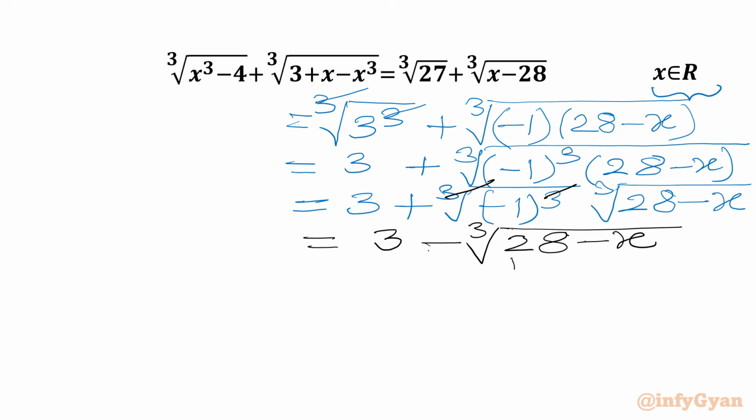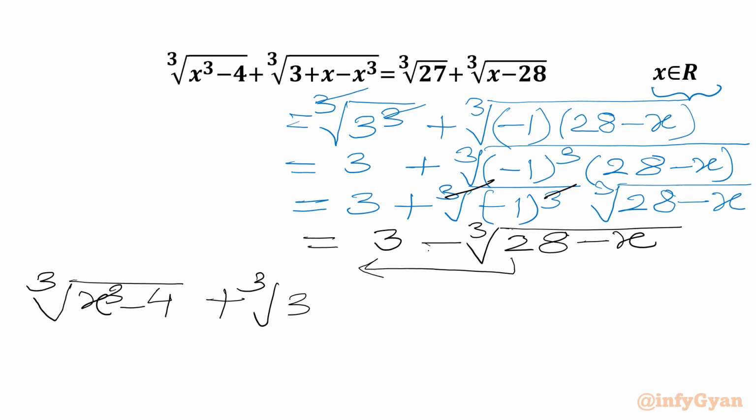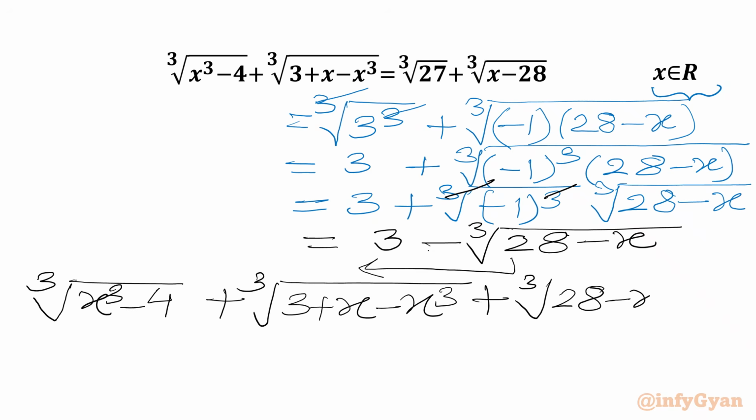Now we can take this minus term to the left hand side. So we are going to get cube root of x cube minus 4 plus cube root of 3 plus x minus x cube plus cube root of 28 minus x equal to 3.